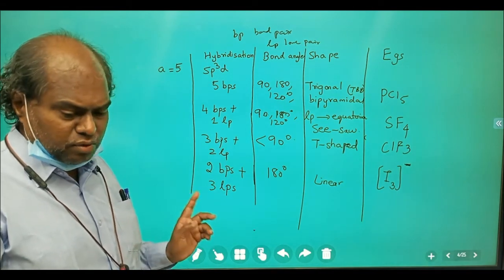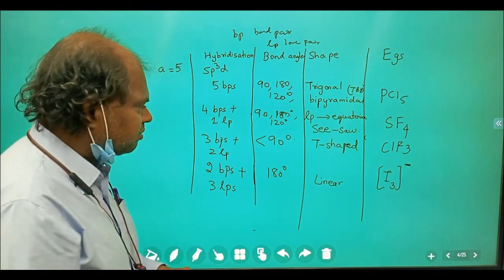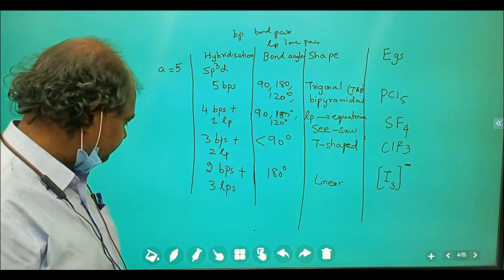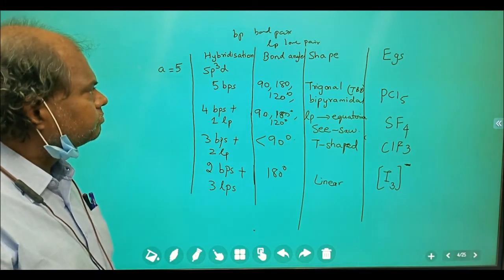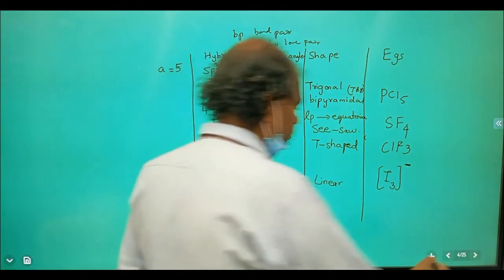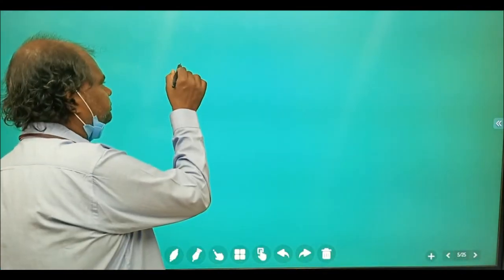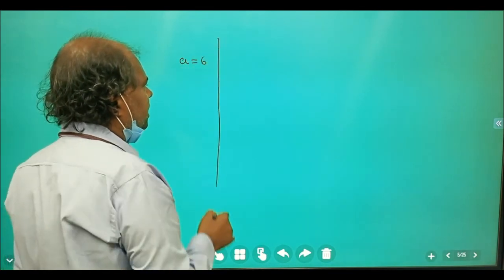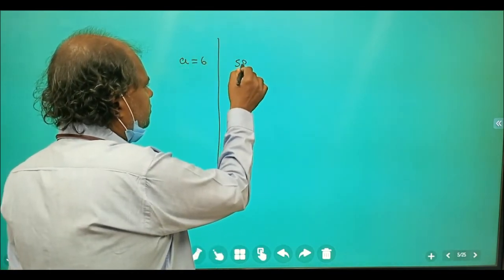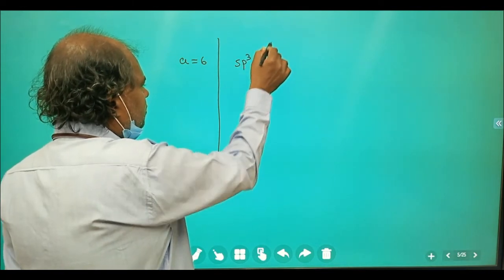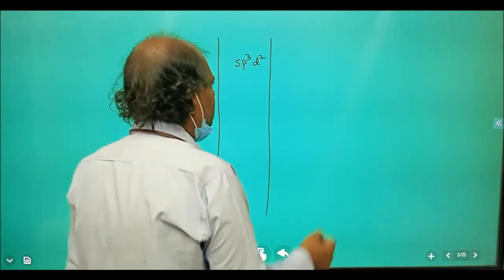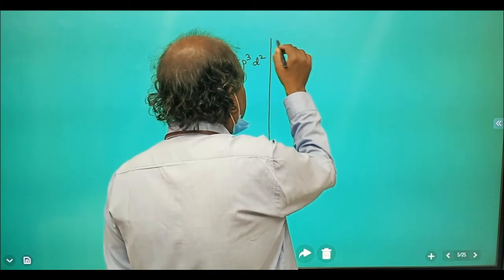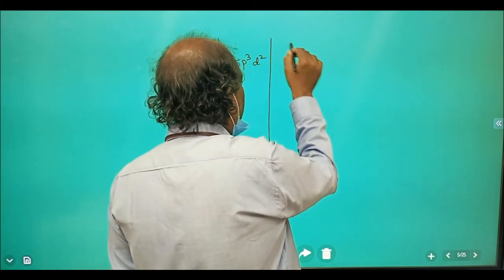Now let us come to A is equal to 6. What is the hybridization? Very good. Then shape. Before I come to shape, angle.